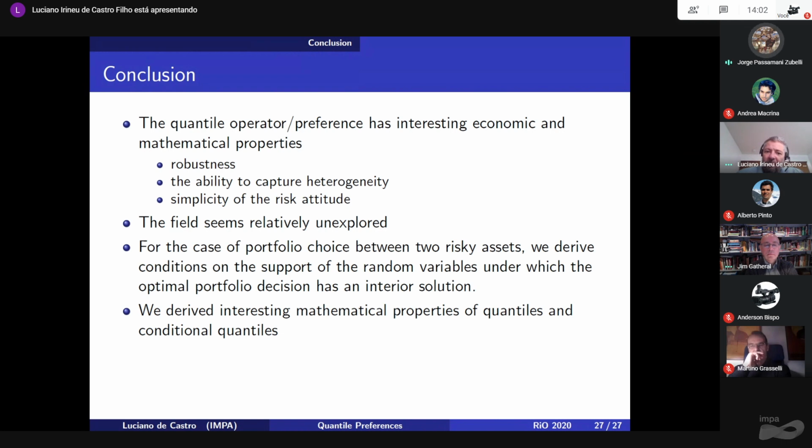So that's the practical application here, Jim: the possibility of using the flow of information given by a filtration in order to be able to do optimization.